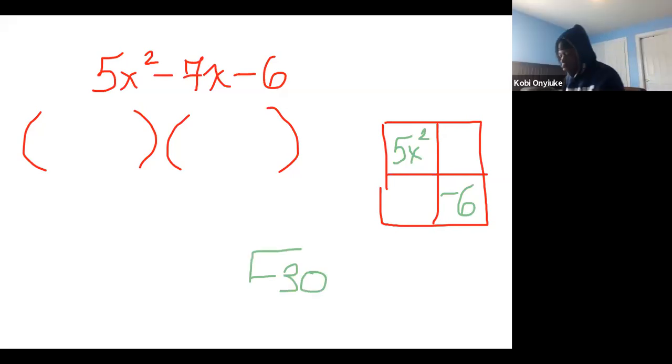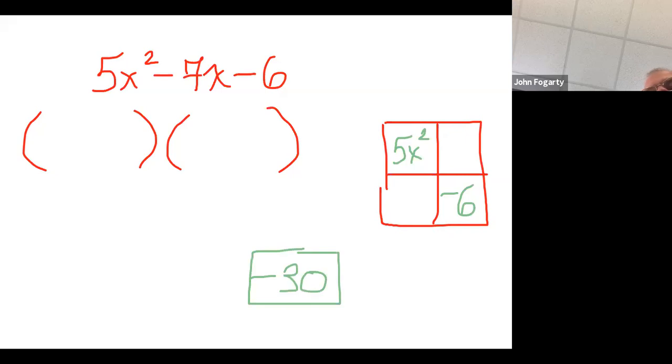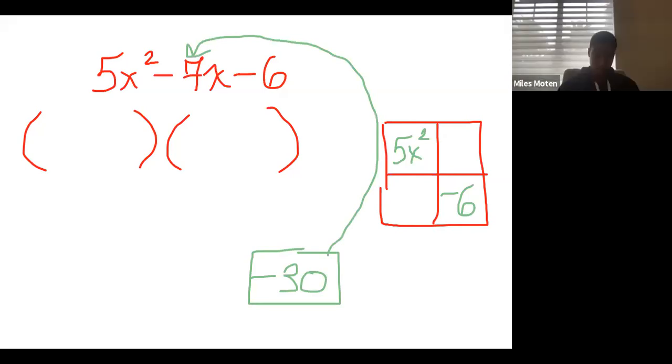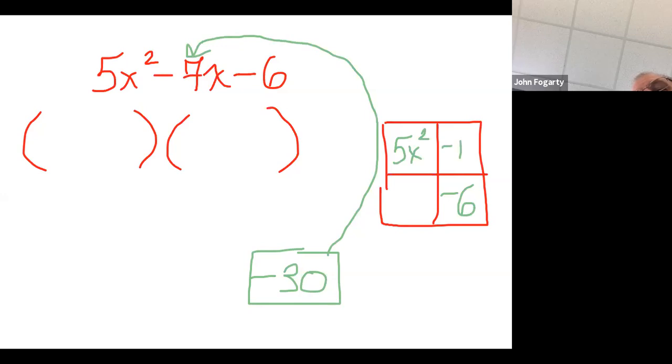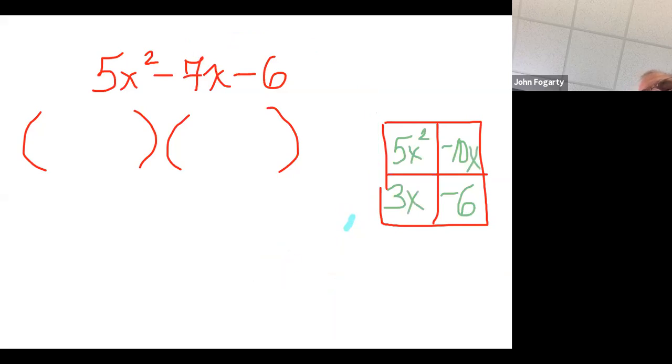All right. Give me the factors of negative 30 that add up to negative 7. Negative 10 and positive 3, and then just stick an X after each of them. And remember, fellas, it doesn't matter which one goes where. You can do it either way, right? And now you just find GCFs. We're going to go across.